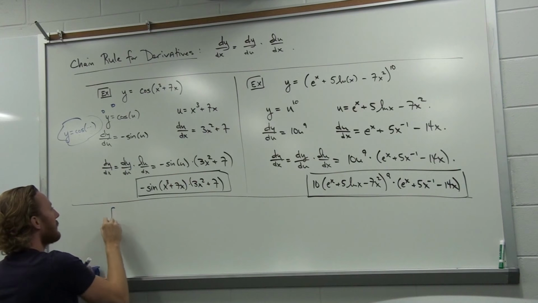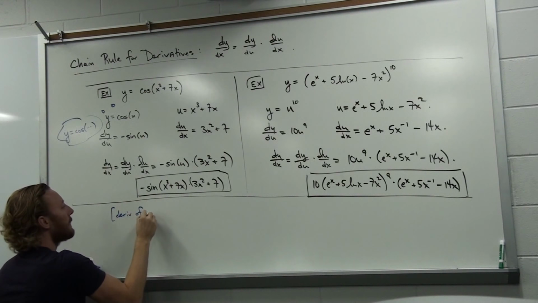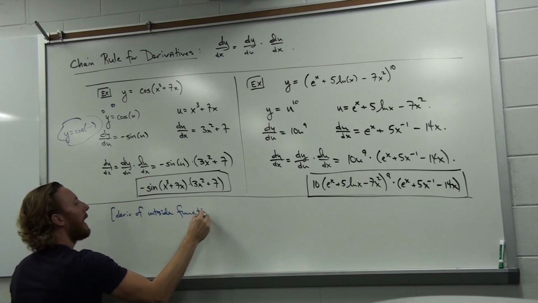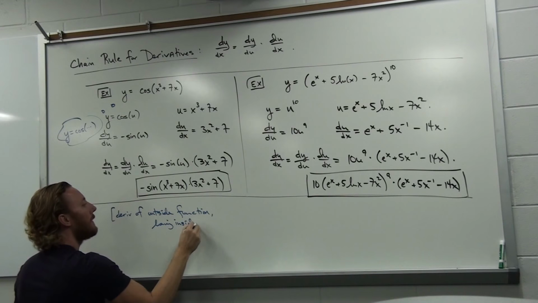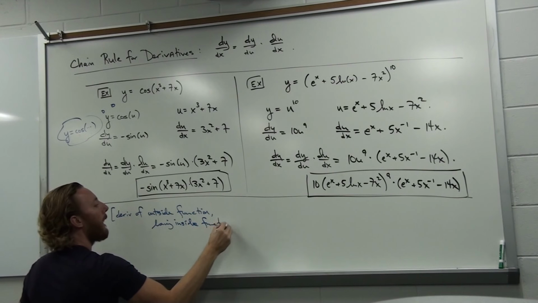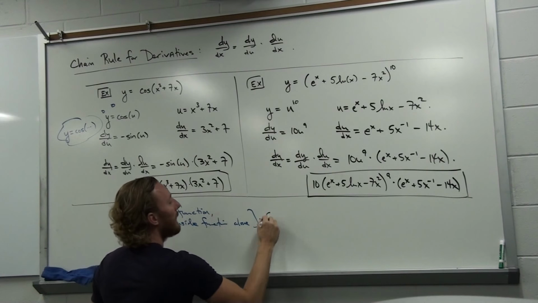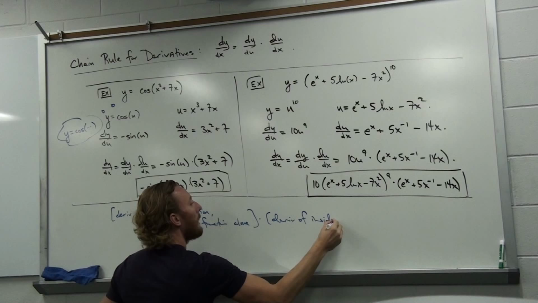So let me write this out in words. The first part of our expression was the derivative of the outside function, leaving the inside function alone. And then this last guy was the derivative of the inside function.